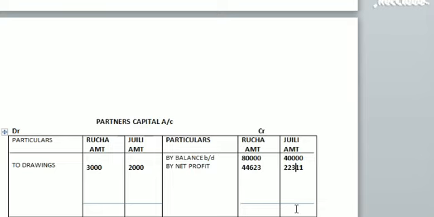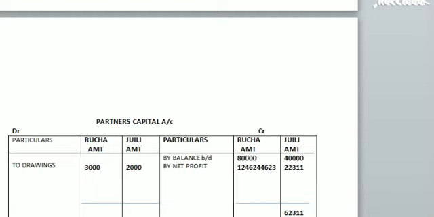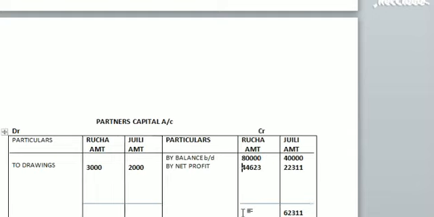So here the amount is 62,311 of Julie, and we will do the total of Rucha also, and the total is 1,24,623. Yes, see the amount. The amount is 1,24,623.